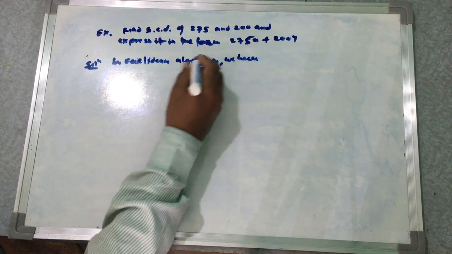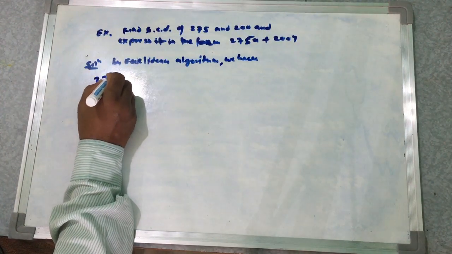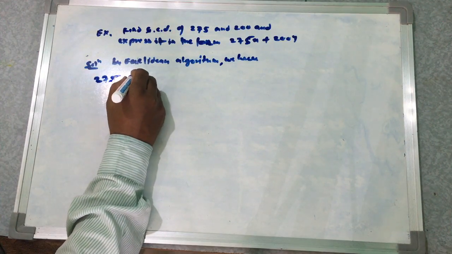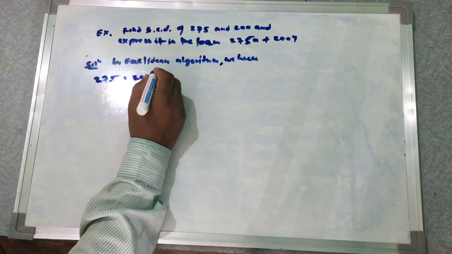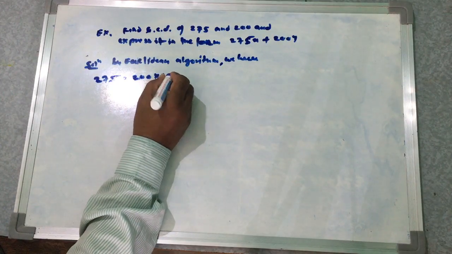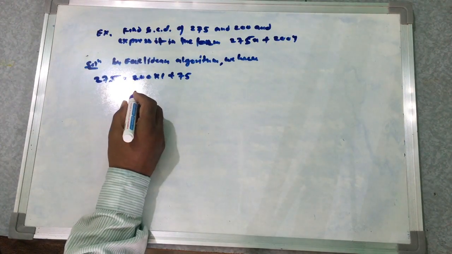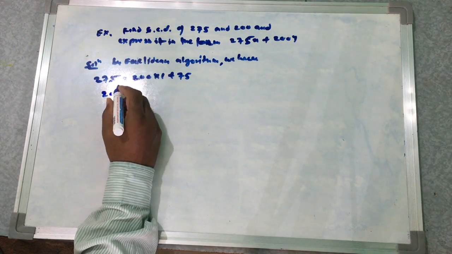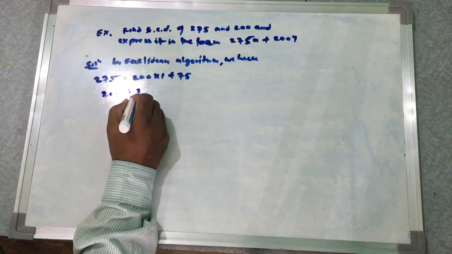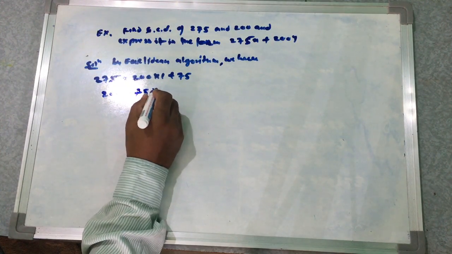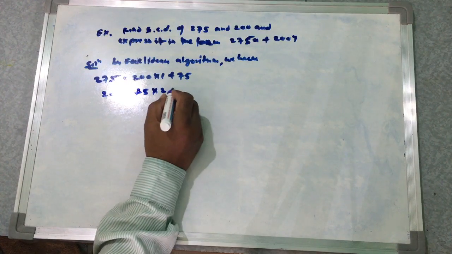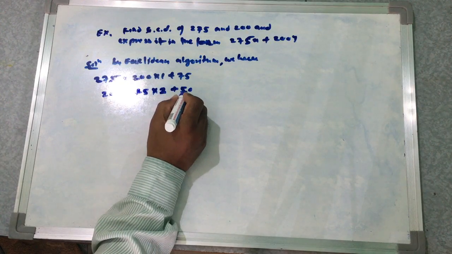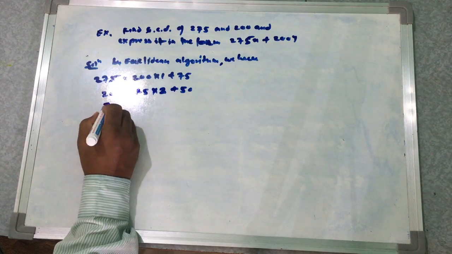275 is 200 into 1 plus 75. Then 200 is 75 into 2, that is 150, plus 50, that is 200.